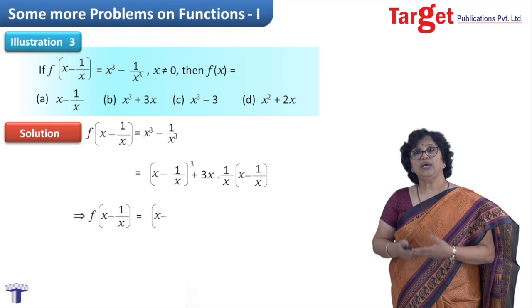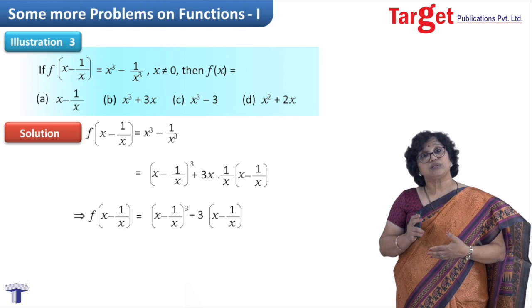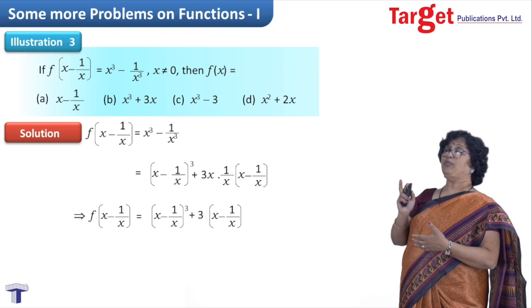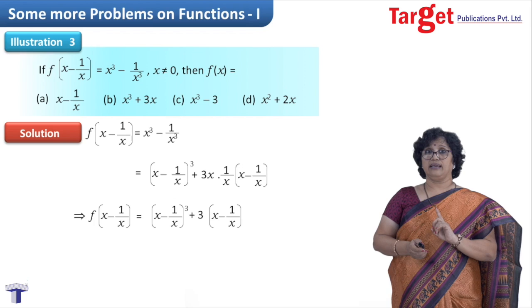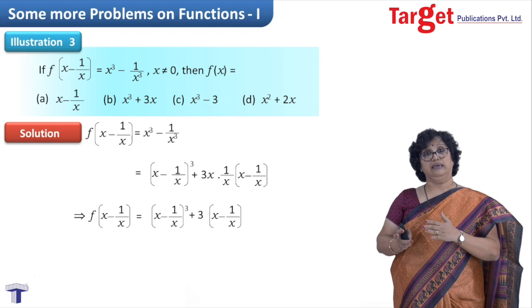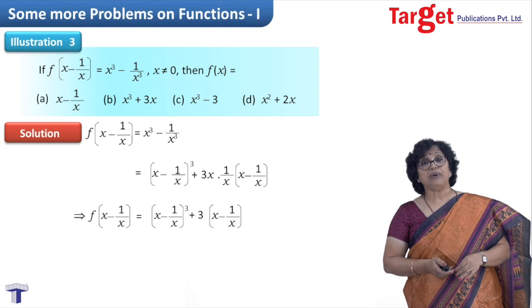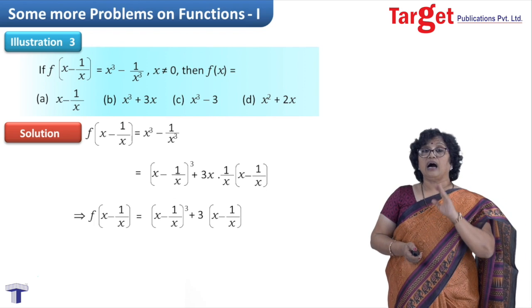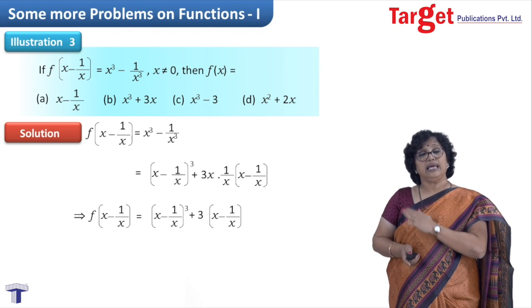What does that lead to? f of x minus 1 upon x equal to x minus 1 upon x whole cube plus 3 times x minus 1 upon x. Now as I said, x minus 1 upon x I replace in my mind by t. Now in that case my right hand side would be t cube plus 3t. I am saying f(t) equal to t cube plus 3t.